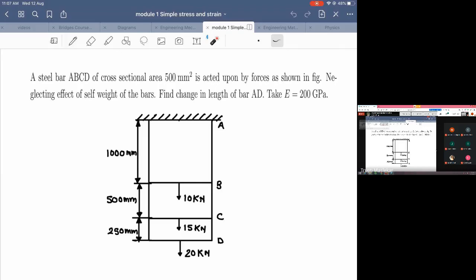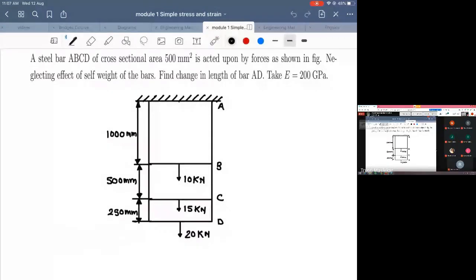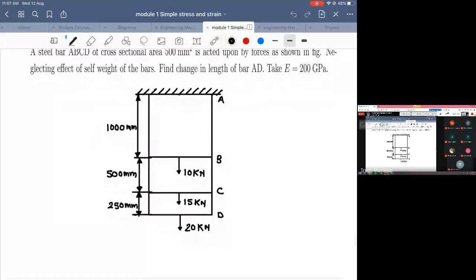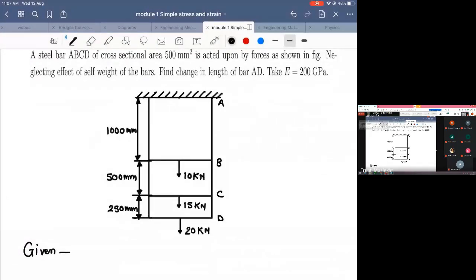So what are the steps to solve the problem? First of all, I will write the given data. Which are the given things? The cross-sectional area of the complete bar is common for AB, BC as well as CD, that is 500 millimeter square.